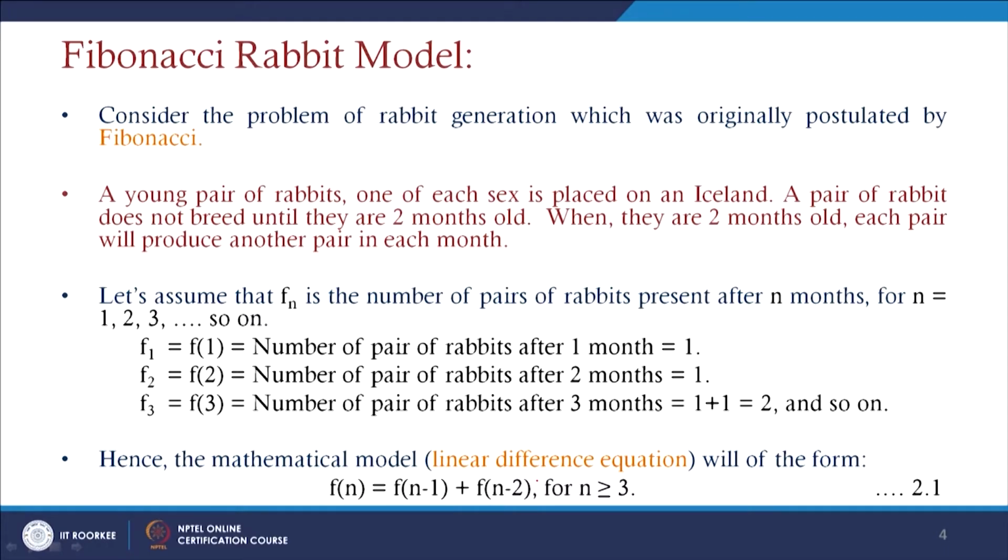Let us assume that f_n is the number of pairs of rabbits present after n months, with initial conditions n equals 1, 2, 3 and so on.